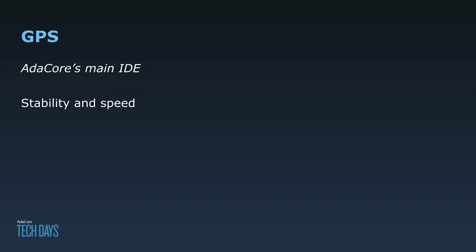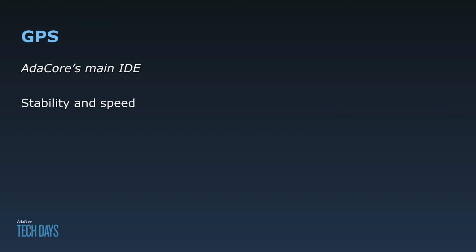All right, now let's switch to our IDEs. So I got some actually interesting questions during the breaks about our IDEs, which are GPS, GNAT Programming Studio, and GNATbench. So hopefully I will give some details and some answers for everyone here. So let's start with GPS, GNAT Programming Studio, which is our main IDE, AdaCore's main IDE.